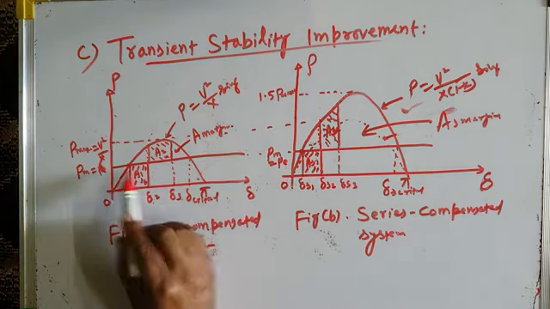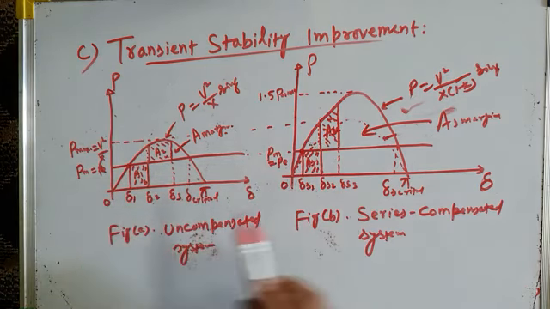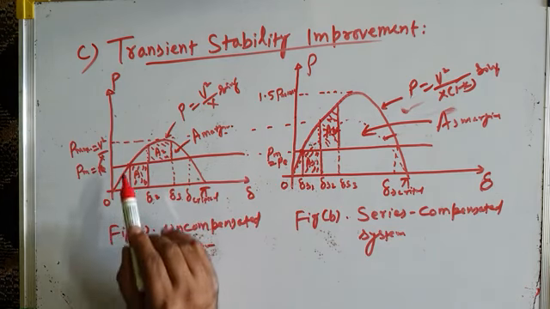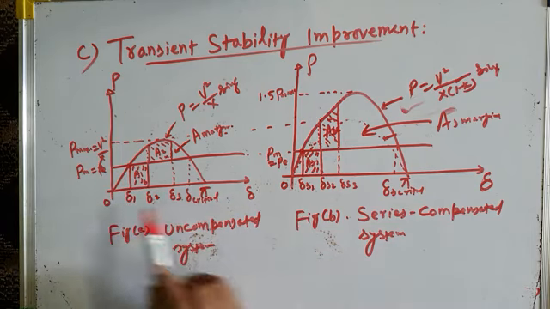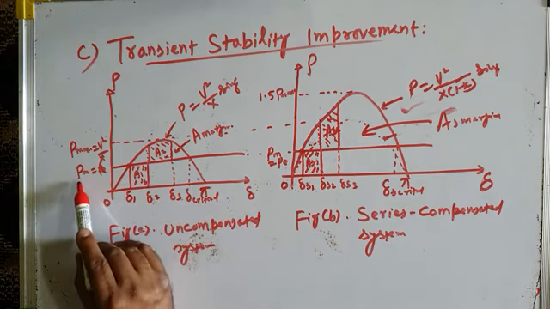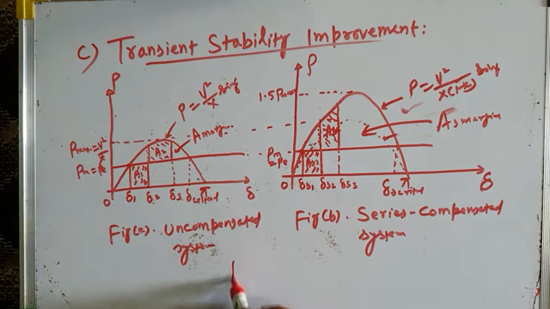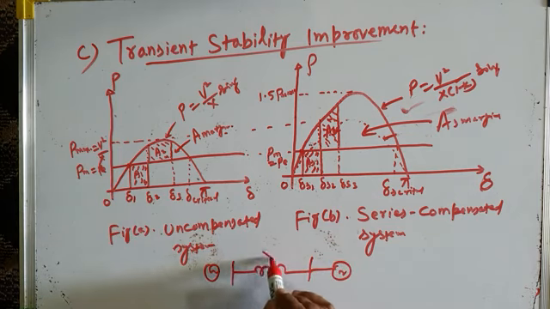Now take this uncompensated system and compensated system. Both the systems are operating initially at power angle or transmission angle of delta 1 or delta S1, when the mechanical input provided by the turbine is equal to the electrical output. It's like this. This is the electrical output. This is my transmission system.